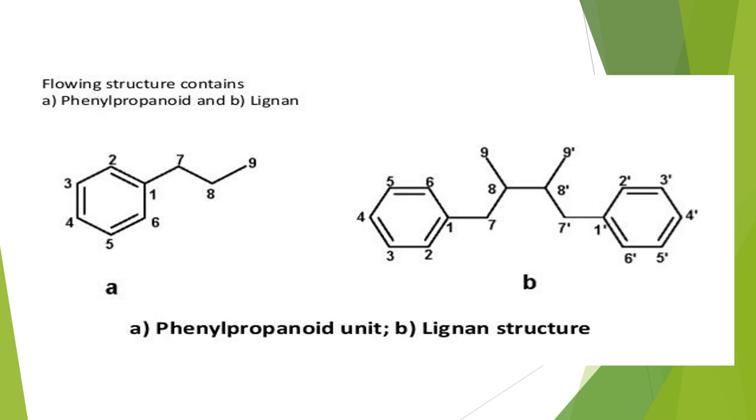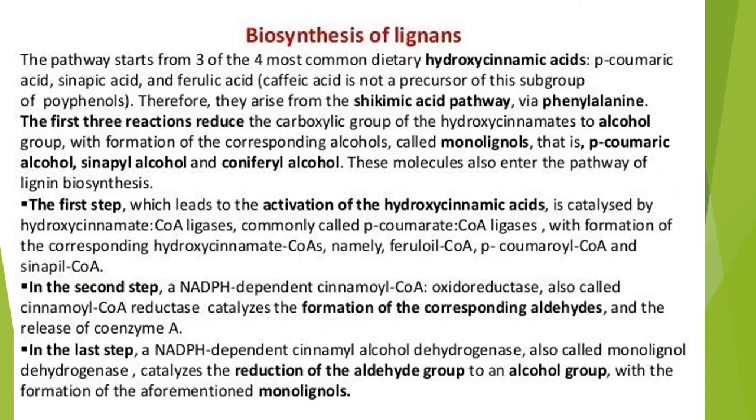The C6 comes from the benzene ring, the phenyl group, and the 3 carbon molecule from 1, 7, 8 and 9. These are the 3 carbon atoms, so it is called C6C3 unit also. It's another name, chemically we can call it like that. And then the B structure is also there, that is the lignan structure.